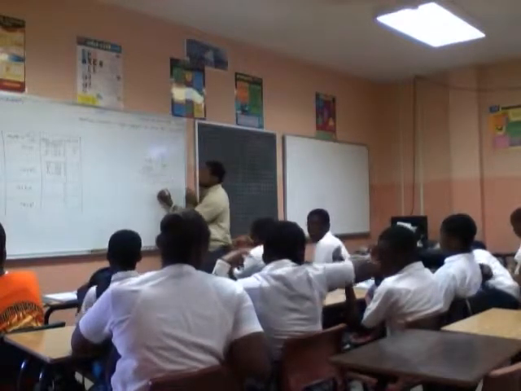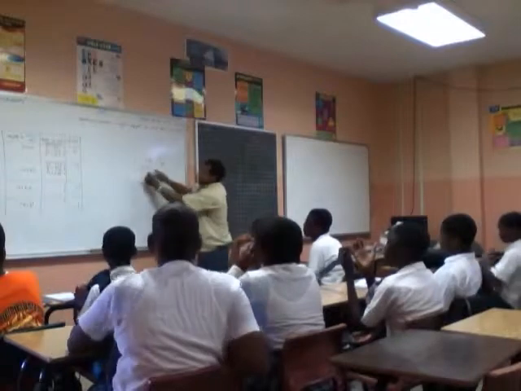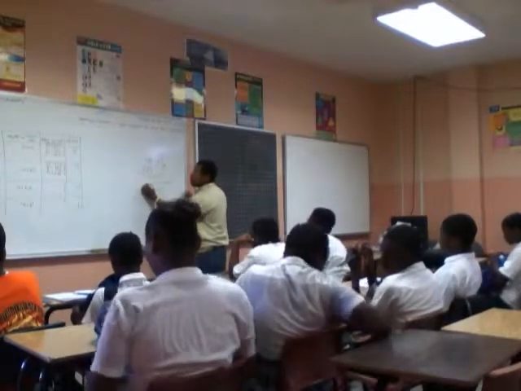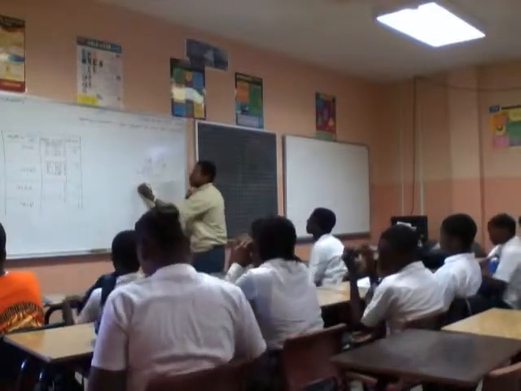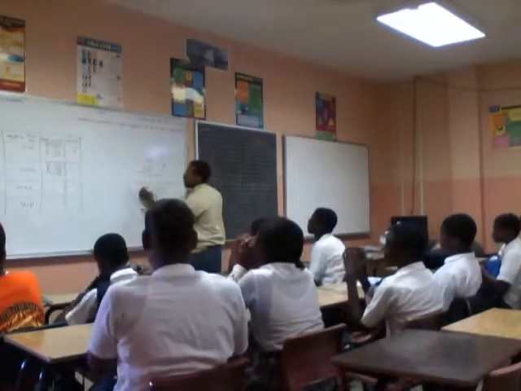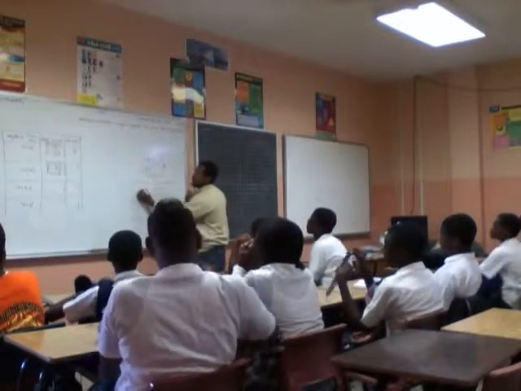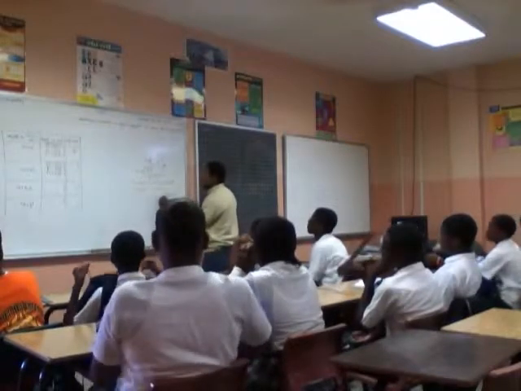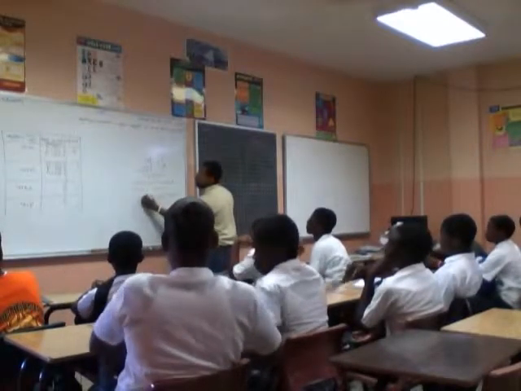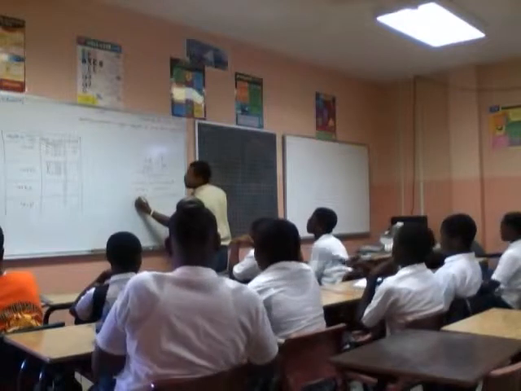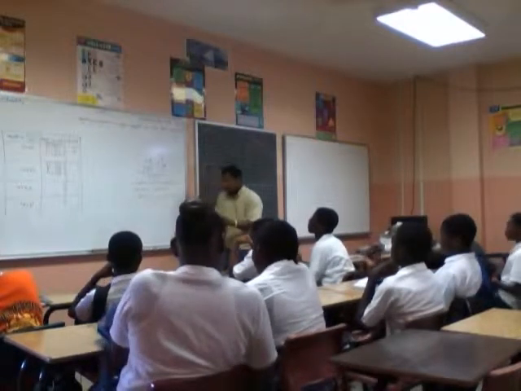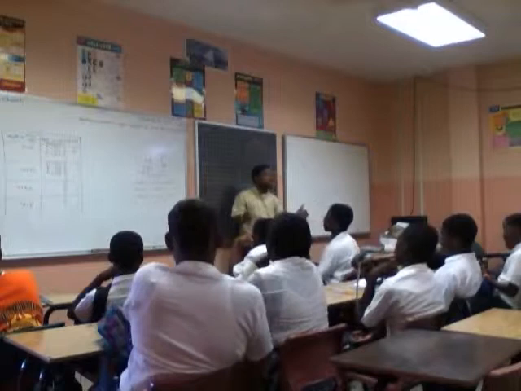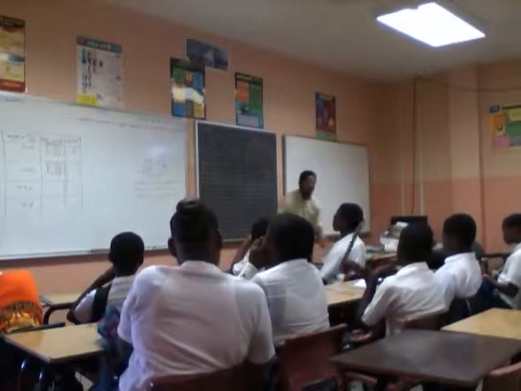What's the length of 2? 4. And what's the width? 2. So that means this is going to give you 50 centimeters square, and this one will give you 8 centimeters square. So the total area would be 58 centimeters square.